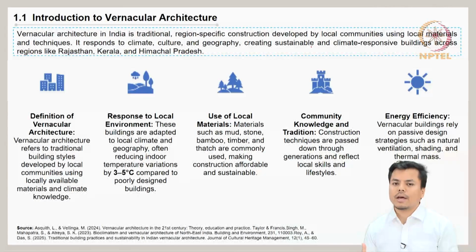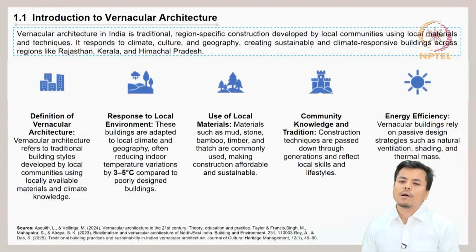So, this is where these differences are present, specifically pertaining to the architectural style, with respect to the availability of material, and also with respect to the construction technique that is prevalent in that region, mostly due to the climate and the availability of these local materials.